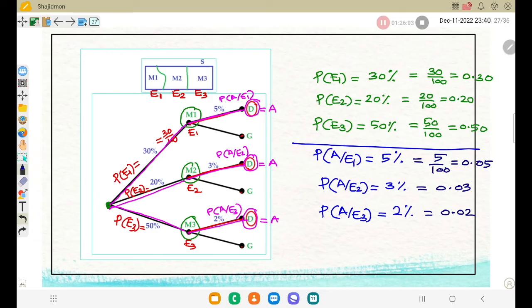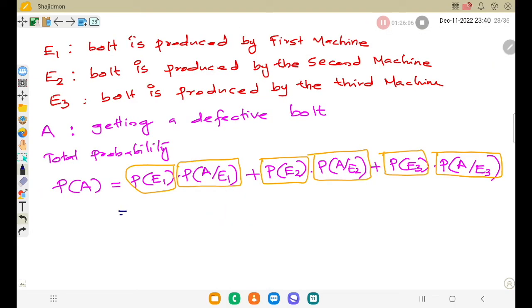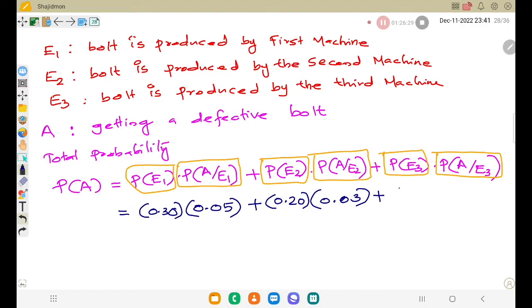Now all the values we got, we can apply here. So equals probability of E1, 0.30, multiply probability of A given E1, 0.05, plus probability of E2, 0.20, multiply A given E2, 0.03, plus probability of E3, 0.50, multiply A given E3, that means 0.02.